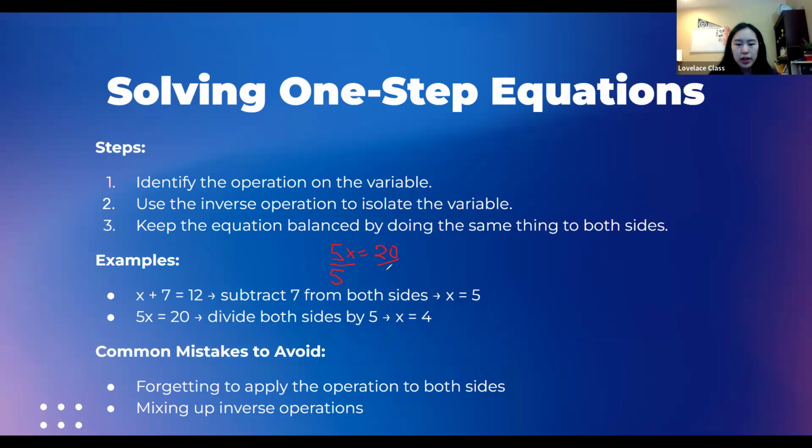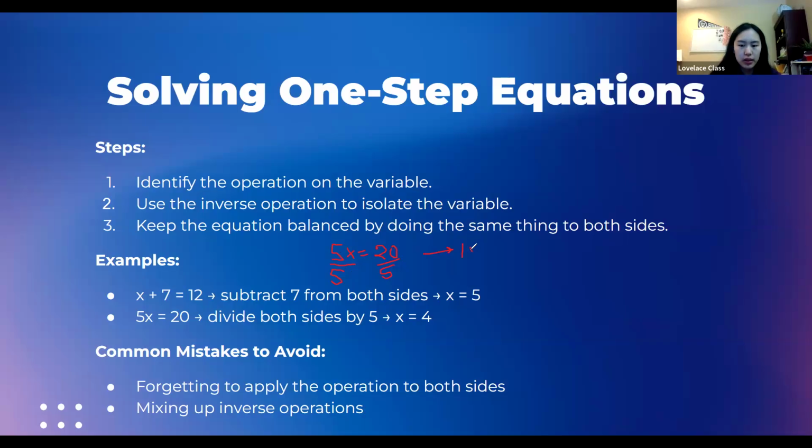Remember, you have to do this operation to both sides. Because we are multiplying here, the opposite of multiplying is dividing. We're multiplying 5 by x, so we want to divide by 5 to get rid of it. That translates to 1 times x, because 5 divided by 5 equals 1.